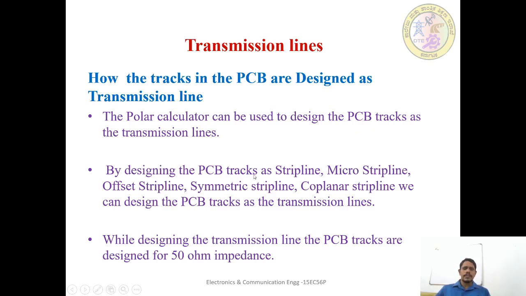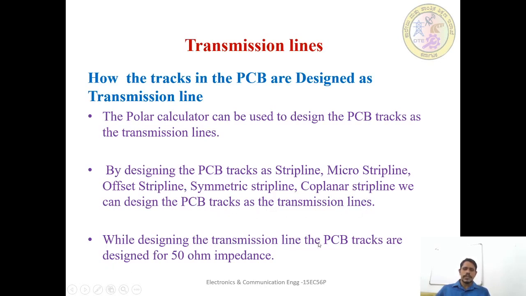By designing the PCB tracks as strip line, microstrip line, offset strip line, symmetric strip line, or coplanar strip line, we can design the PCB tracks as the transmission line. These are all the different transmission line patterns available for PCB tracks or traces.